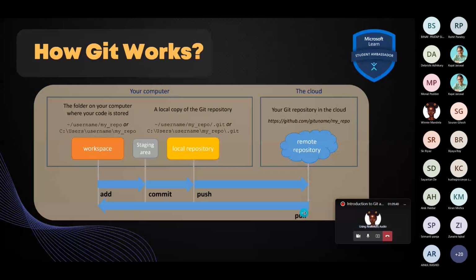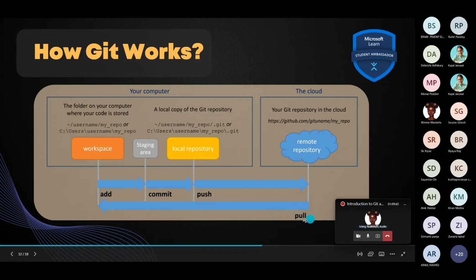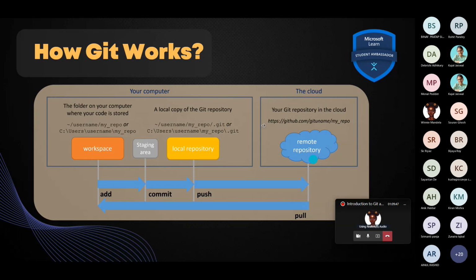That process is Git pull. Pull helps you take all the new features or changes and store them in your workspace. So you can collaborate with others and share your updates. This is how Git works.